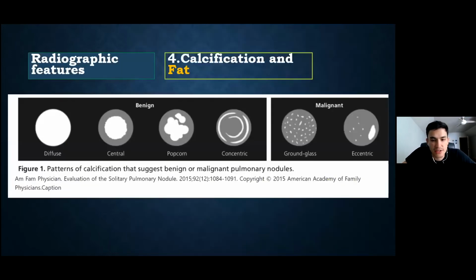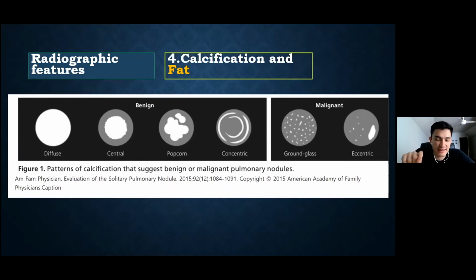Another radiographic feature is calcification and fat. There are some benign patterns and some malignant patterns. The benign patterns are the ones that are depicted in the image. Diffuse is that the entire nodule is calcified. It has the same density as bone. Central is just the center of the nodule is calcified.